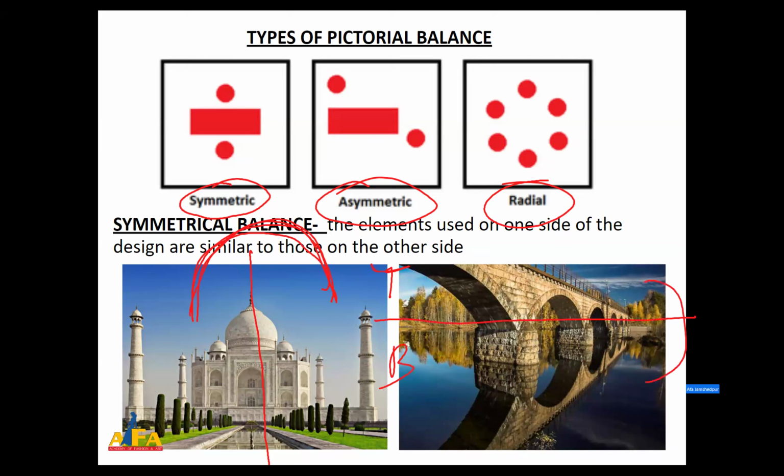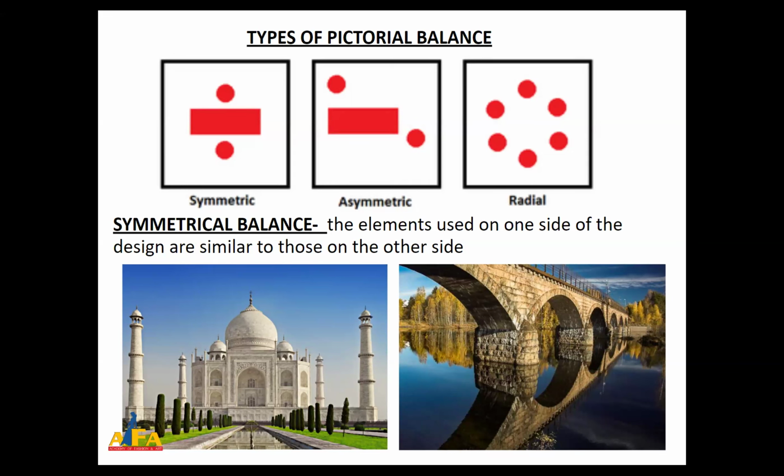Symmetrical, एक जैसा, left and right में एक जैसा, top and bottom में एक जैसा. But this does not mean that it has to be equal. Did you understand? Symmetrical. So one side is similar to the other side.